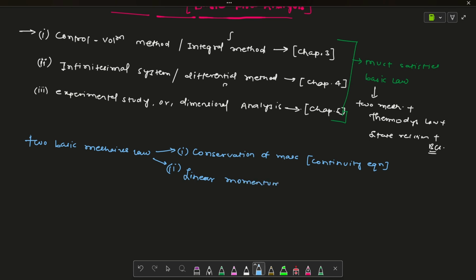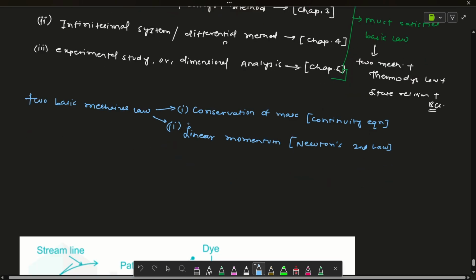It is derived from Newton's second law. Whenever we deal with any fluid problem, we first solve for these two laws, and then move forward to the thermodynamic law.